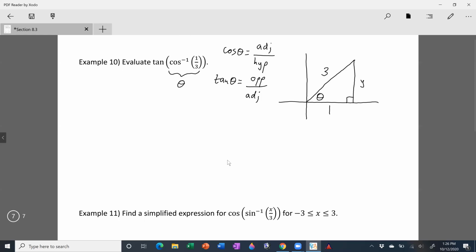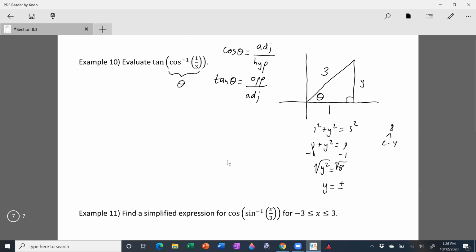So here we go. We can go 1 squared plus y squared equals 3 squared. So this is 1 plus y squared equals 9. And subtract 1 everywhere, we get y squared equals 8. And taking the square root of both sides, we get y equals plus or minus, and the square root of 8, you can break that down.